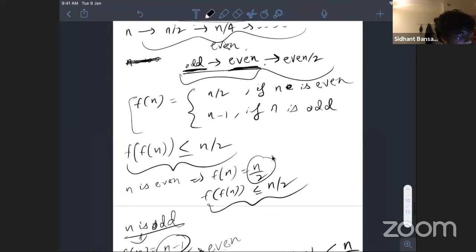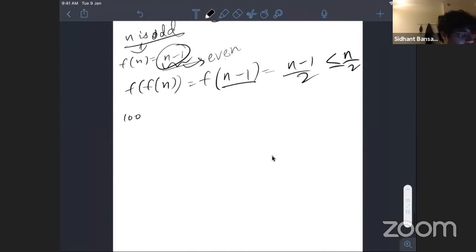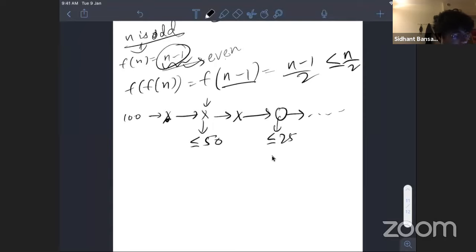So basically, after every 2 steps, you would have dropped your exponent by at least half. Let's say originally the exponent was 100. After 2 steps, the exponent is definitely going to be less than or equal to 50. Then again, after 2 steps, the exponent is again going to be definitely less than or equal to 25, and so on.